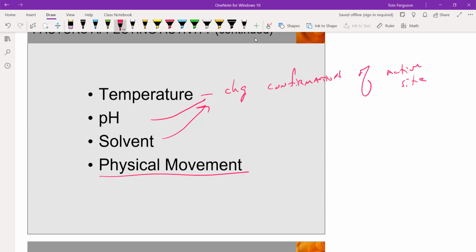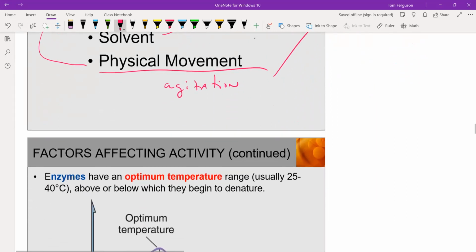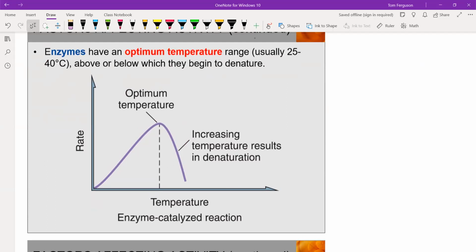Physical movement, temperature and physical movement are closely related. But physical movement means you smash the enzyme, physical agitation, etc. And basically you go back up to changing the conformation of the active site. It all goes back to that. Active site, active site, active site.